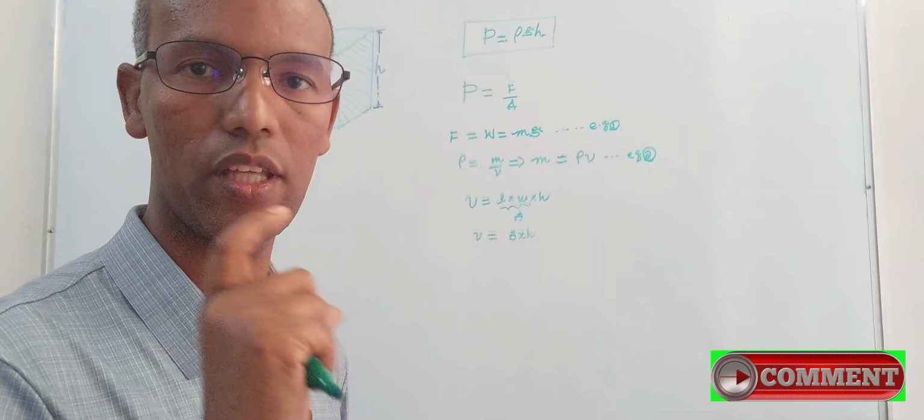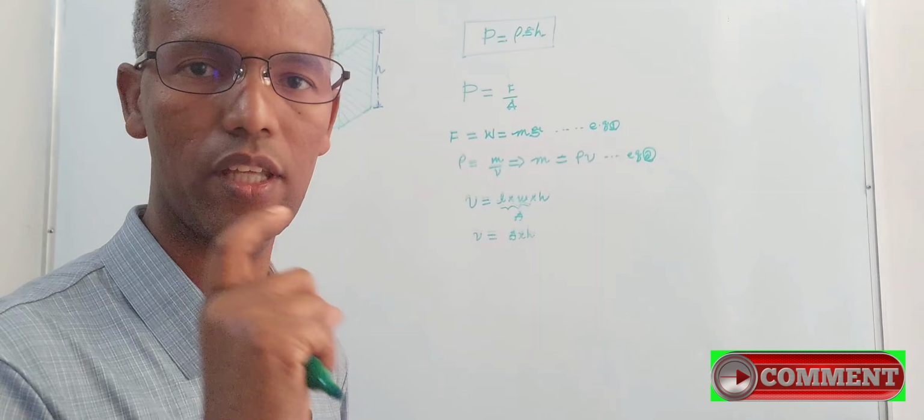By the definition of pressure, as you know, pressure is force per unit area, right? So pressure is equal to force per unit area. This is the basic definition of pressure.